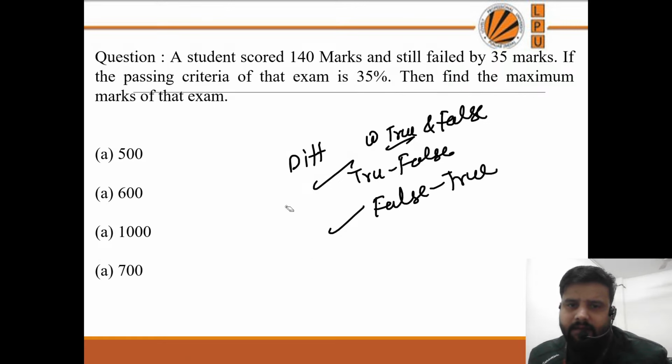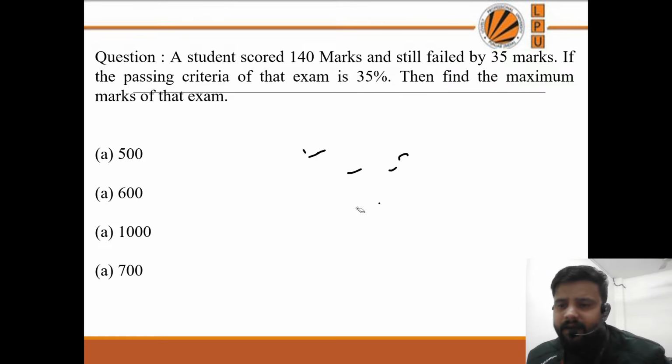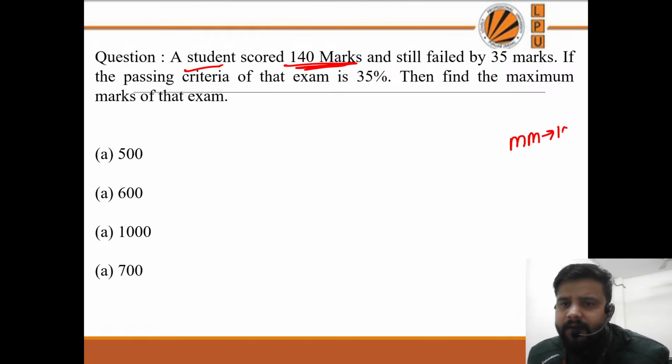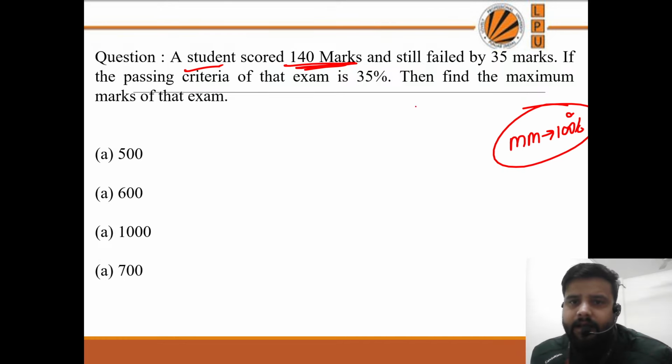Now solve this question. Some of you are answering it is 500. Okay, let's see it. Question says a student scored 140 marks. What I told you that maximum marks is always 100%. So if question asks you maximum marks, you have to calculate value for 100% only. Student is getting 140 and failed by 35. And passing criteria is 35%.